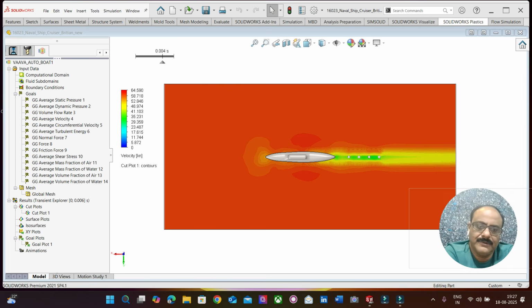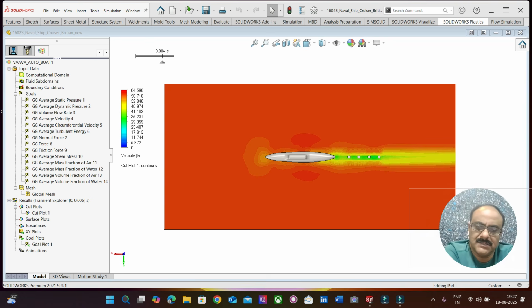Okay, so here we see a particular submarine, and this submarine is moving in the ocean, and a part of it is submerged under the water.